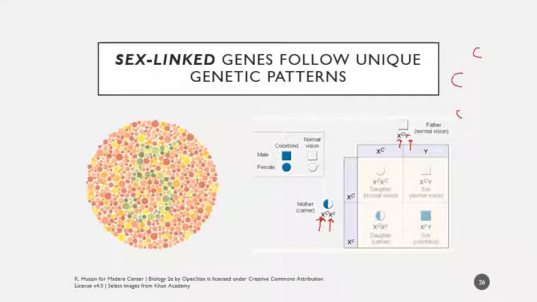We have to also track what chromosome those are on. That also helps us determine the chromosomal sex of the offspring. So when we look at sex-linked traits, we have to track those sex chromosomes in addition to whatever allele we're looking at. So we're looking at 2 different things now.